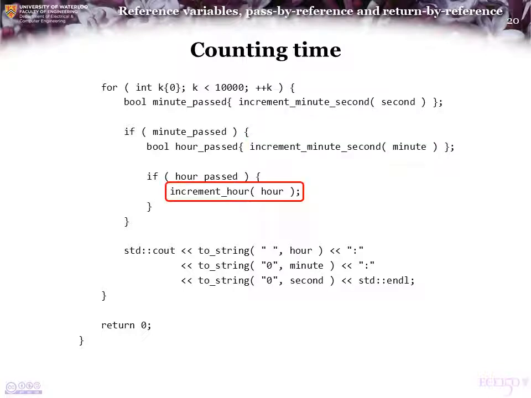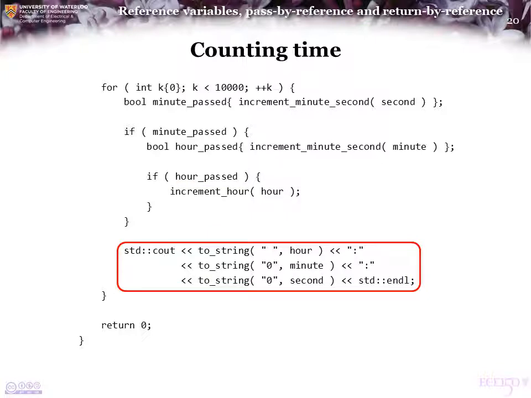If the hour has passed, we will increment the hour. With every single iteration of this loop, we will print out toString, the hour, possibly prefixed by a space, the minute, possibly prefixed by a 0, and the second, possibly prefixed by also a 0.